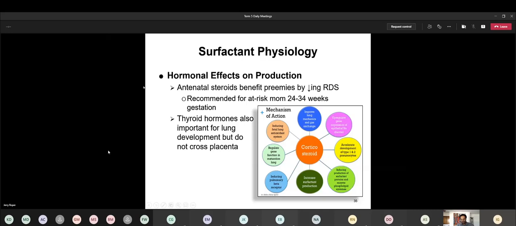So if there's nothing they can do to prevent the delivery, despite using all of the methods they try to slow things down and stop labor, then what they can do is give steroids to mom. Once the steroids cross over the placenta into the baby's system, that's what's going to help speed up the maturation process of the surfactant.